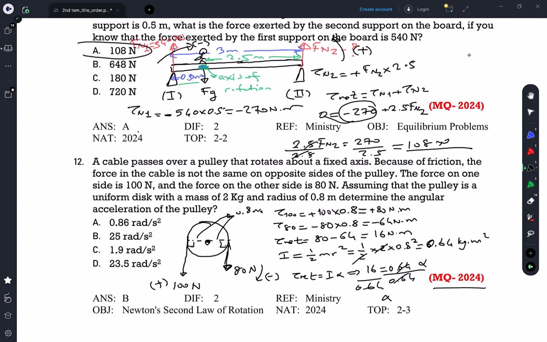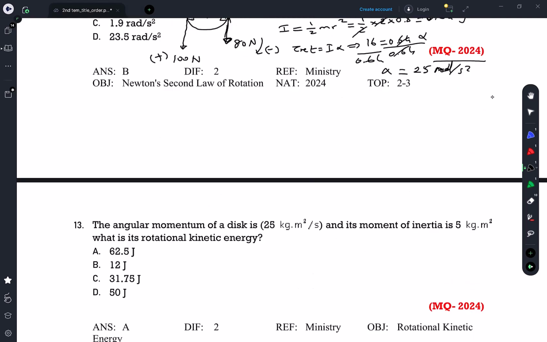You'll get alpha, so 16 divided by 0.64, which is 25, 25 radians per second squared.